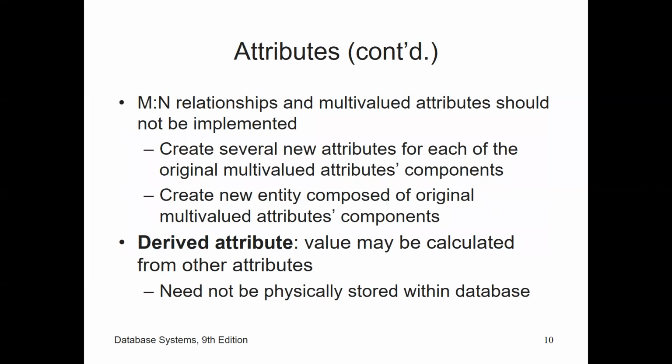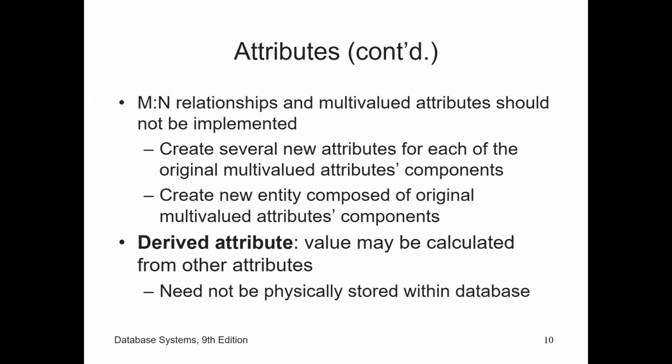Attributes. Although the conceptual model can handle many-to-many relationships and multivalued attributes, you should not implement them in the relational database model. So if multivalued attributes exist, the designer must decide on one of two possible courses of action.